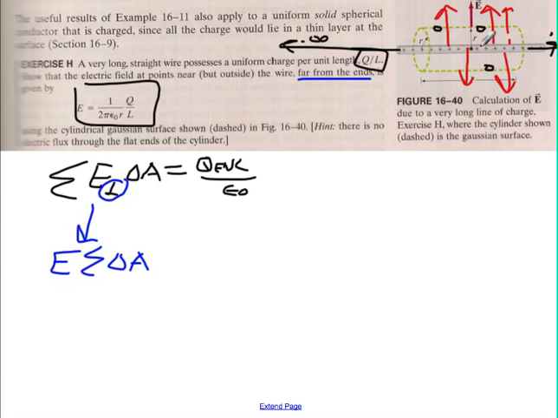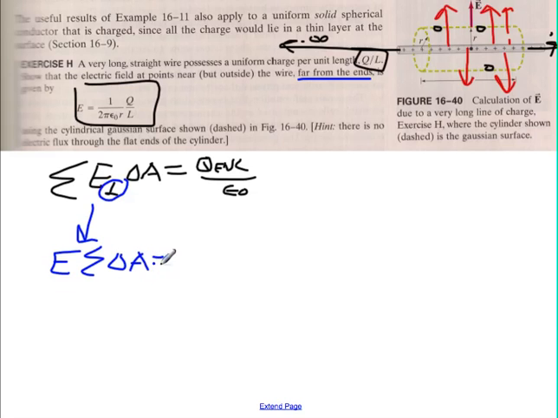Well, I think we're really just going through the lateral area. The flux is really only traveling through the lateral area of the cylinder. There's not really going to be any flux that's bending like this. That's not the way the flux is behaving in this situation. It's going straight outwards, as long as we're not near the end of the wire, like I said.